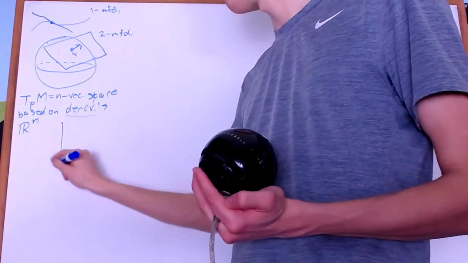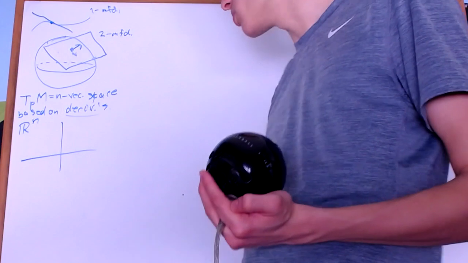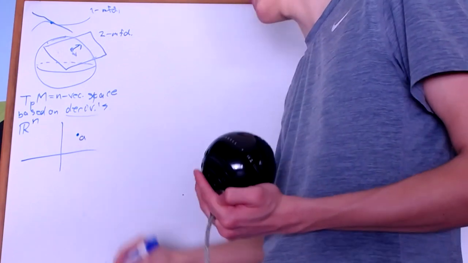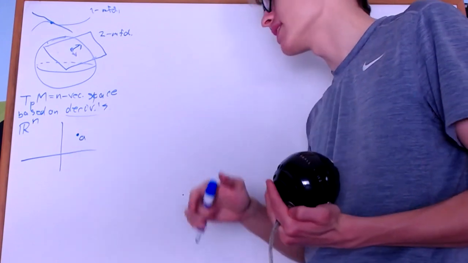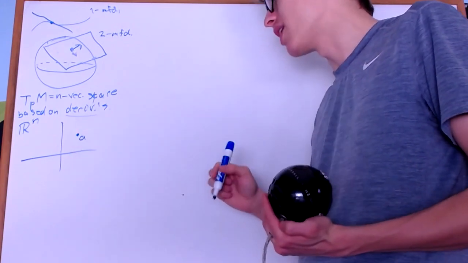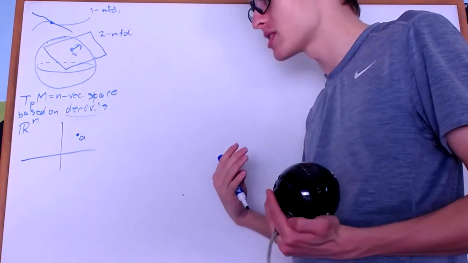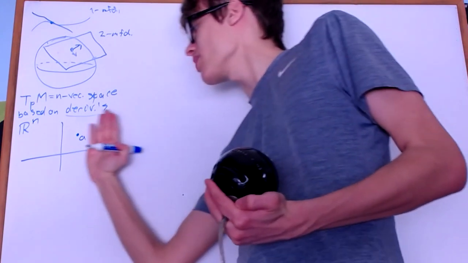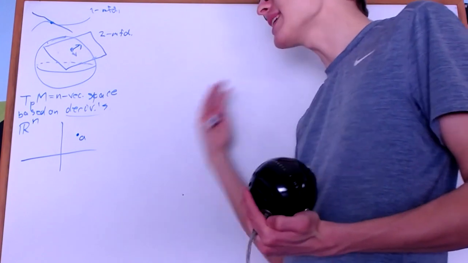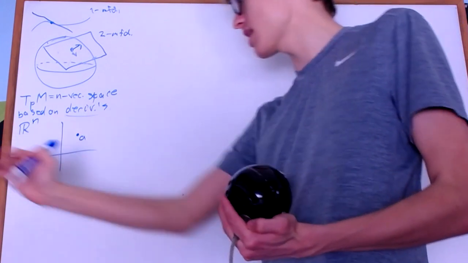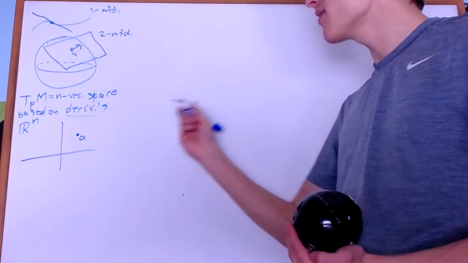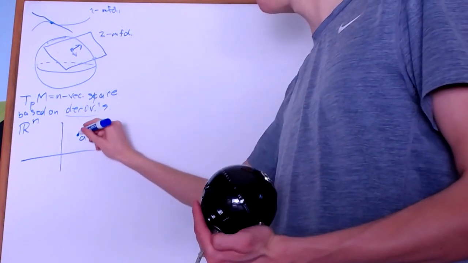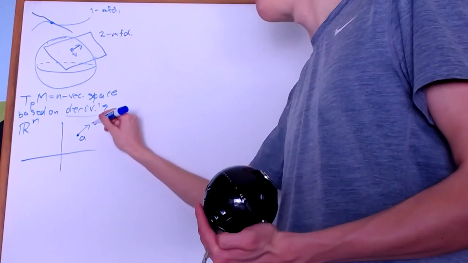For the purposes of demonstration, I will use R^2. What I need to do is pick any point. Let's call it A. What is the tangent plane at A? Well, R^2 is flat. There are no curves, there are no dips, and so for this flat plane, any tangent to it will just be itself. And so, given any point A, a tangent vector at A is literally just any vector in R^2.